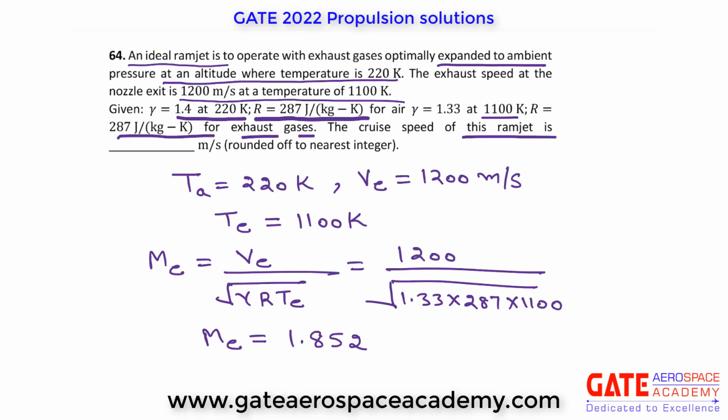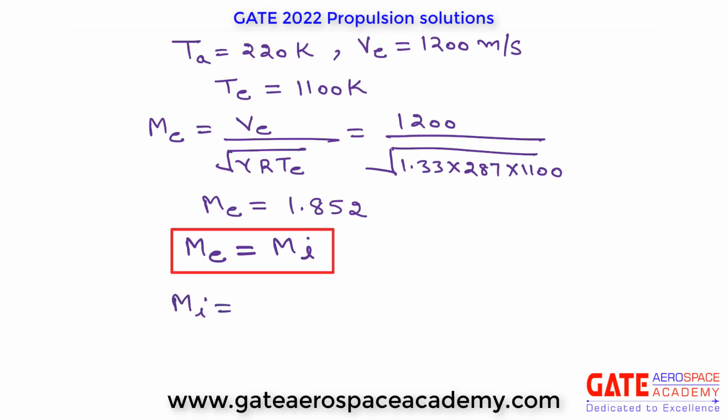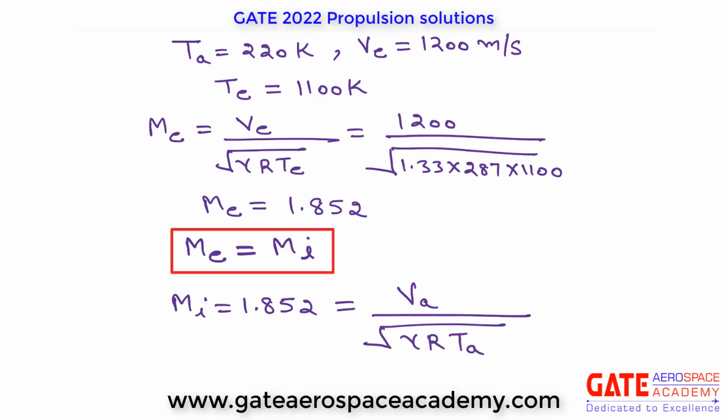Now while studying ramjet engine, we proved that for ideal ramjet, exit Mach number and inlet Mach number both are equal, correct? Here I am not proving, we have already proved in the class. So we will just use that result. M exit is equal to M inlet. So inlet Mach number is also equal to 1.852, which is equal to VA upon under root gamma R TA, right?